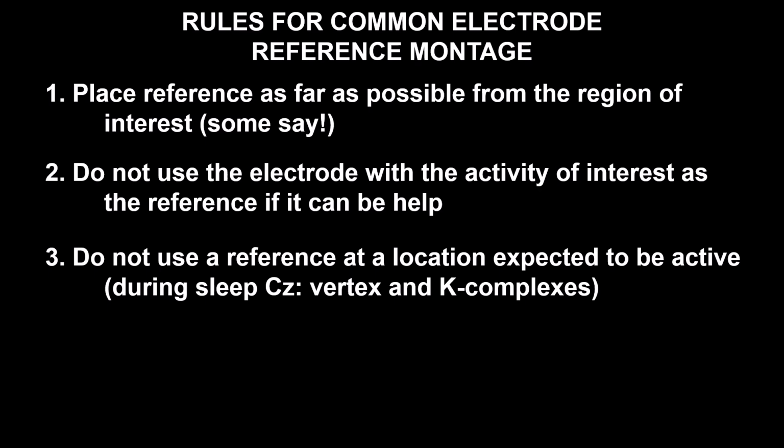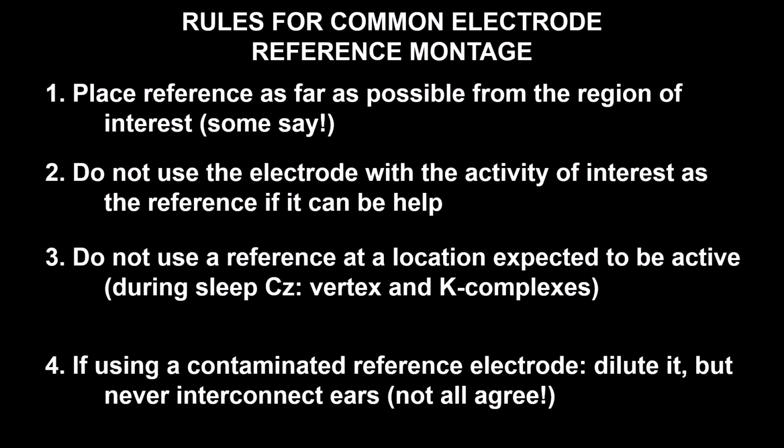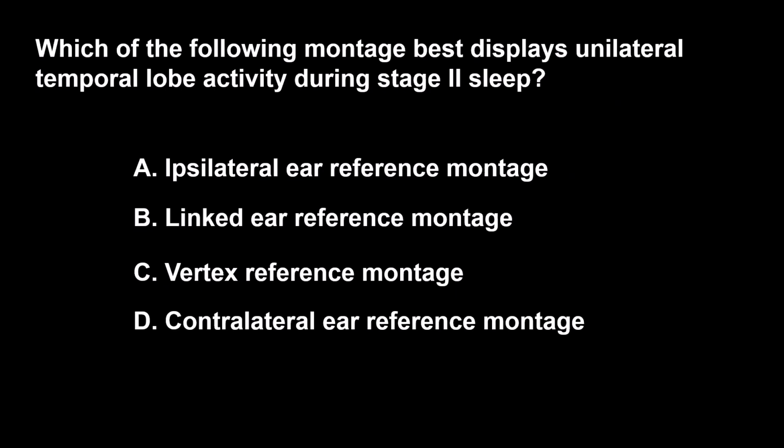Do not use CZ because vertex waves and K-complexes arise from there. 4, if using a contaminated reference electrode, dilute it, but never interconnect ears. Again, not all agree. So as you can see, these rules seem to be made to be broken, but still, they are usually used as guides on how to select a common reference electrode. So the answer to this question is D.